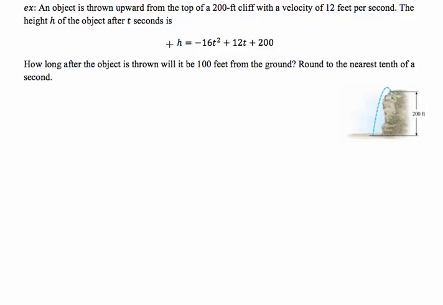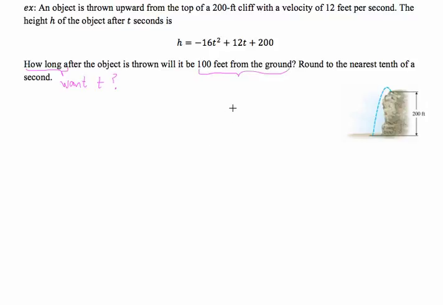Okay, so this gives us the height of the object t seconds after it's thrown. The question is, how long after the object is thrown? How long means we want which variable? T, because t is t seconds, that's time, so we want t. After the object is thrown, will it be 100 feet from the ground?